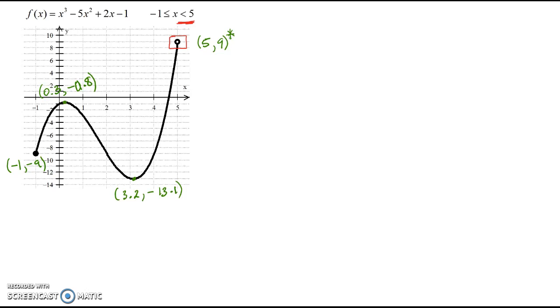So once we have labeled all of those, we can go through the same procedure as we did the last time, simply writing out the absolute max and min, the relative max and min, and then we'll talk about increasing and decreasing parts of the graph at the end. So the absolute max, and this is the only change really. We're going to also see when we look at the increasing intervals that there is a little bit of a change.